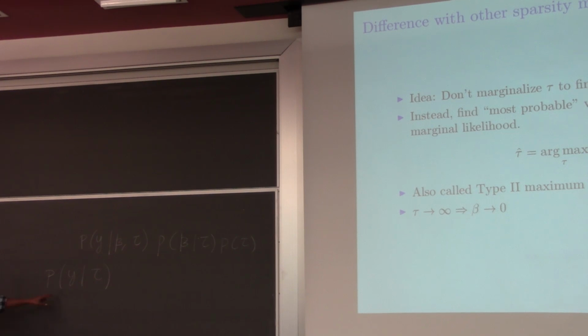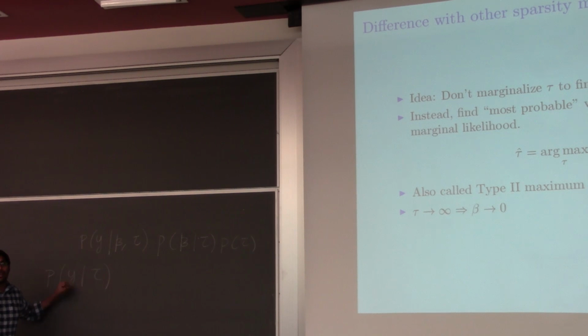Okay. But then the marginal likelihood says that the question you're asking here is what is the value of tau which will maximize this line? Okay? Does that make sense? So find me tau which maximizes this line.